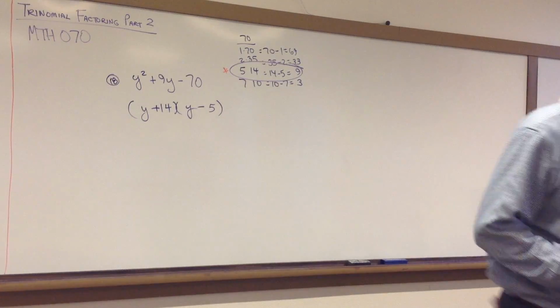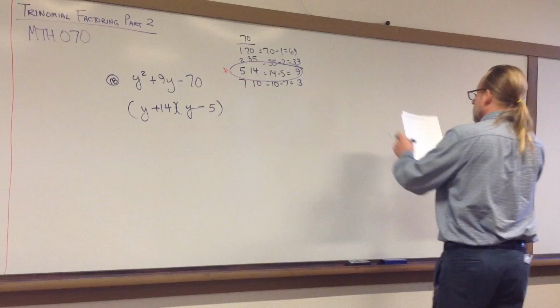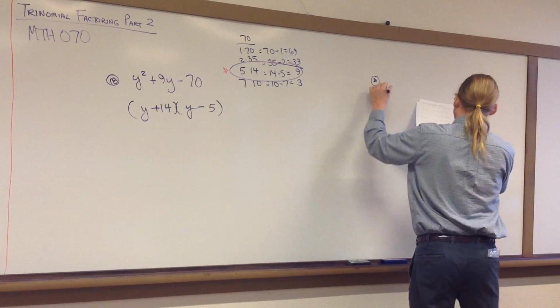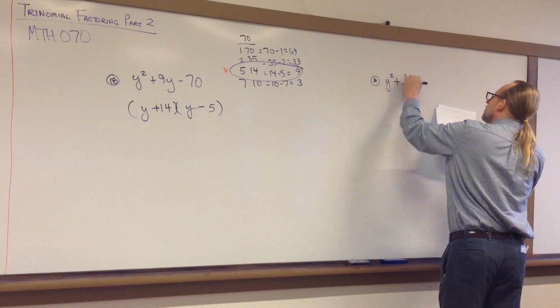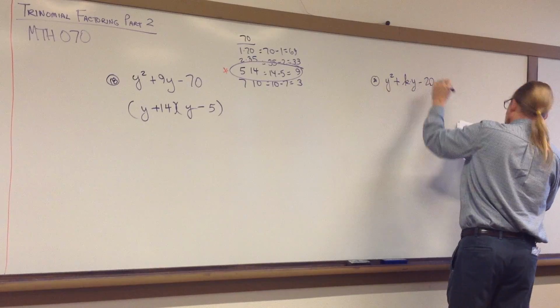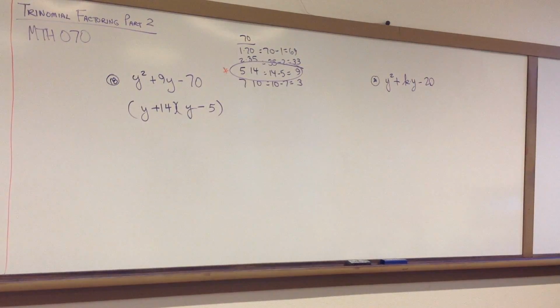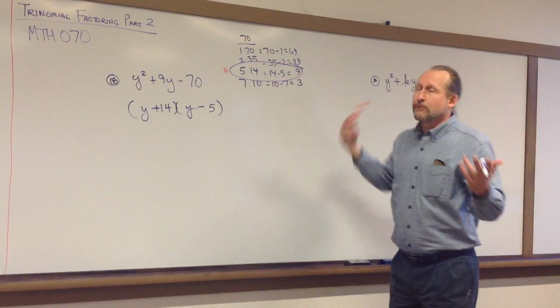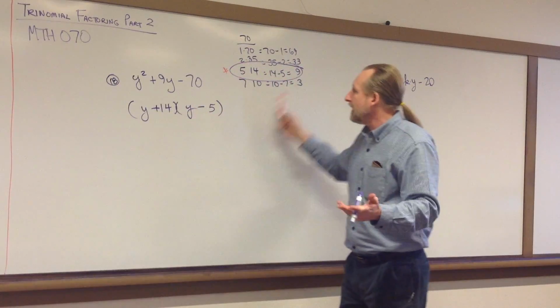All right, now down on the bottom of the page, problem 20 says find all positive whole numbers k for which the given trinomial y squared plus k times y minus 20 can be factored. Okay, so this is where we do actually need to look at all the factor pairs. Like I was saying before, if you know the one that's going to give you the answer right away, just use that.